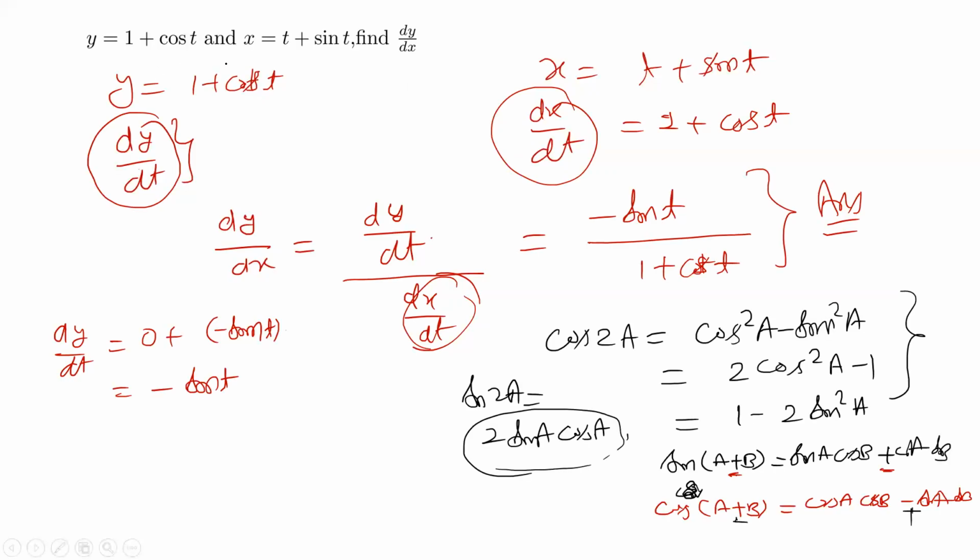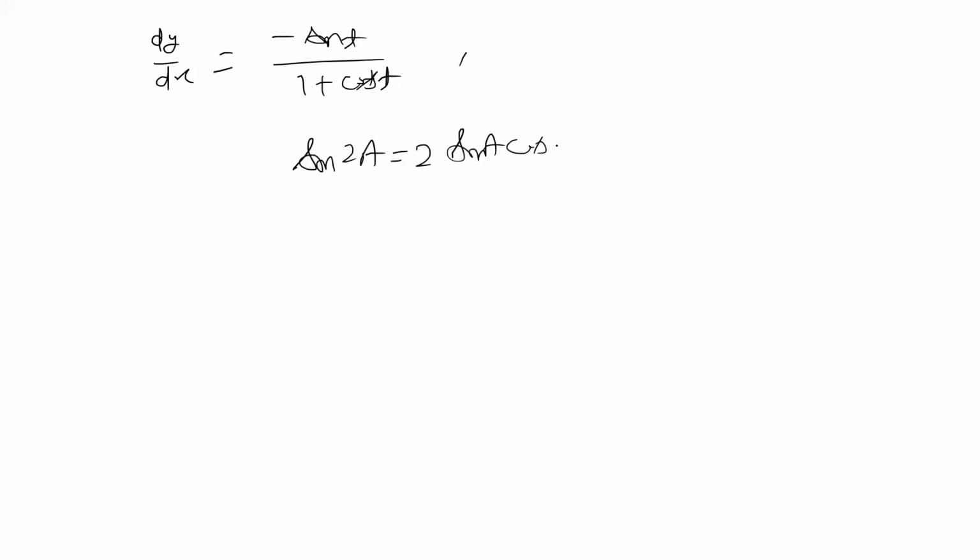So here, what is the final answer we got? Minus sin t by 1 plus cos t. We are applying the formula sin 2a equals 2 sin a cos a.